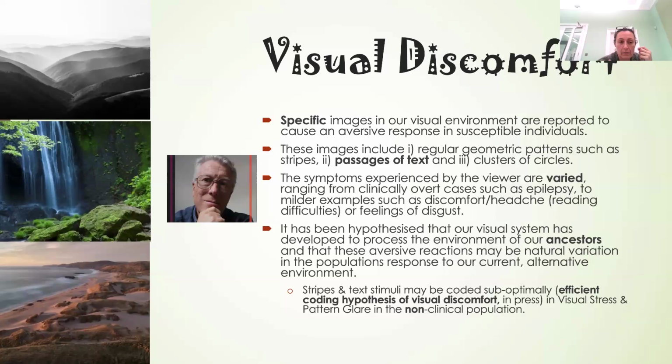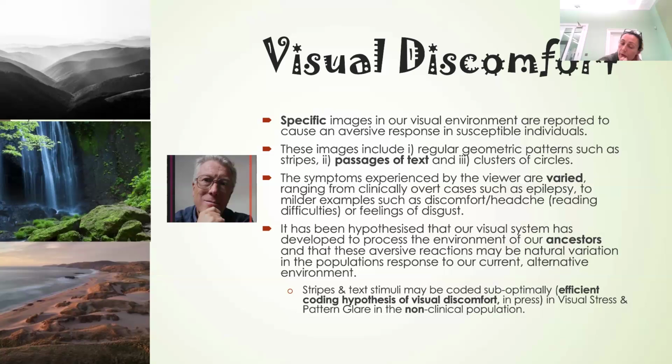So we know that natural scenes have a reproducible characteristic based on spatial frequency, orientation and colour, and essentially by looking at artificial stripes and text, are we just stretching our visual system too far? There's a paper coming out soon that's discussing how stripes and text, the stimuli, might be coded suboptimally.